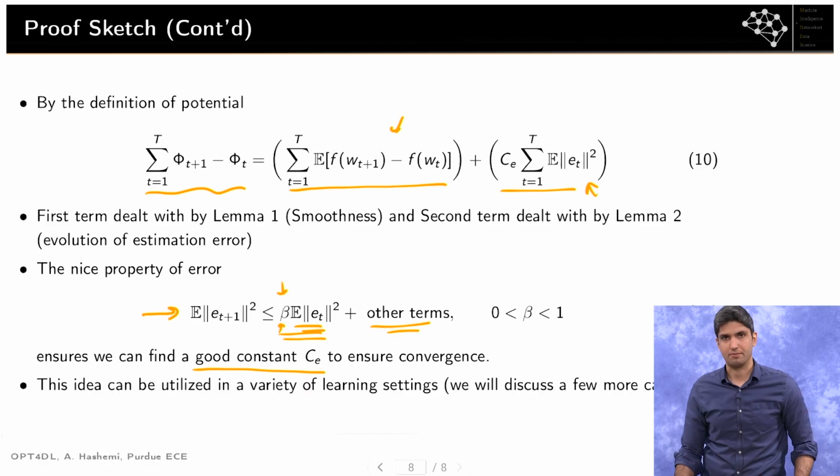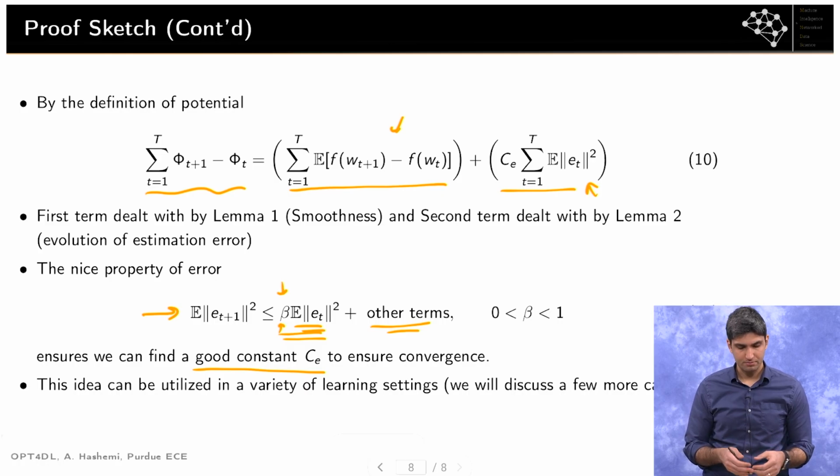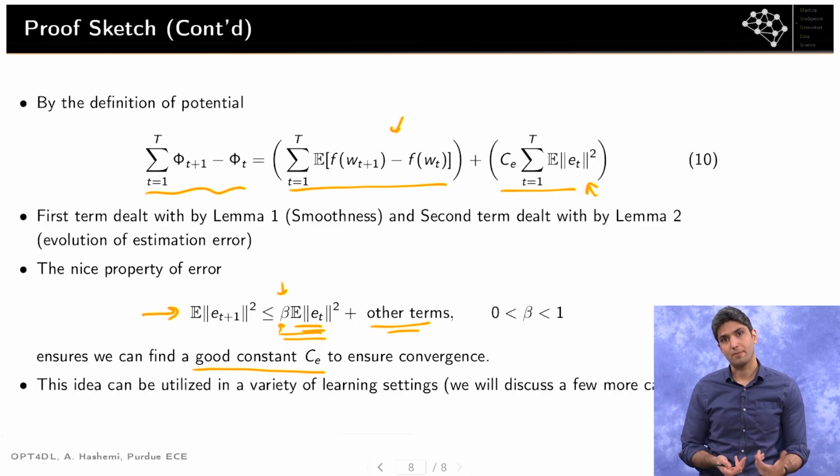That's the second step. So first step, define the potential and then lower bound it. Second step, you upper bound the sum, the evolution of the potential, by leveraging some lemmas that you have to establish, by essentially leveraging the property of the loss function, in this case L-smoothness, as well as the properties of the algorithm.